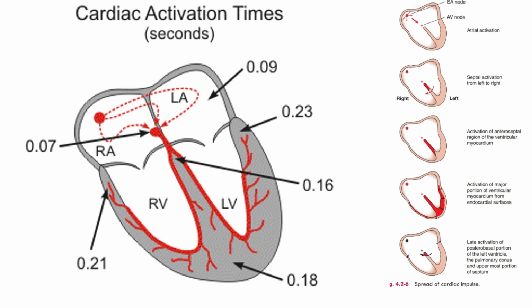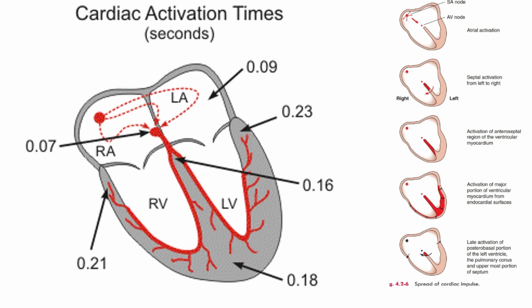The activation of the anteroseptal region of the ventricular myocardium is at 0.16 seconds. The activation of the major portion of the ventricular myocardium from the endocardial surfaces is at 0.21. The late activation of the posterobasal portion of the left ventricle, the pulmonary conus and the uppermost portions of the septum.